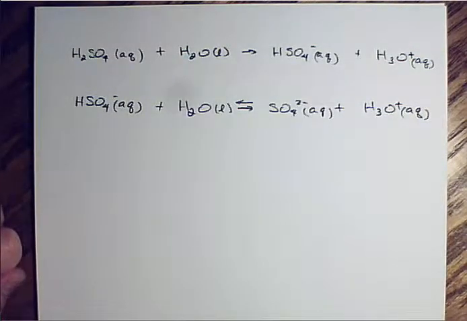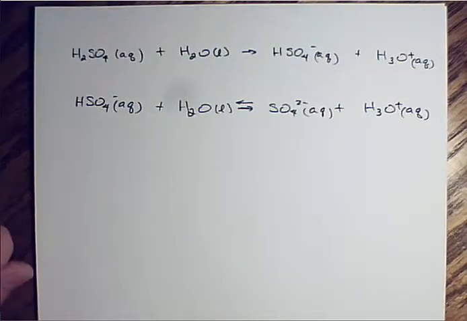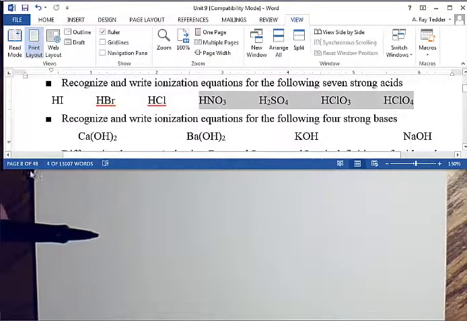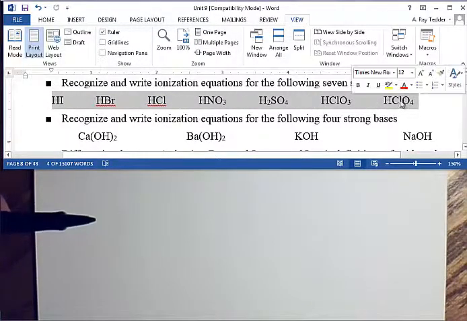Some acids have more than one hydrogen that can dissociate, but they don't have any of the strong acid behavior. It's all weak acid behavior. And you saw that list of strong acids right here. This top line here, that's all your strong acids.